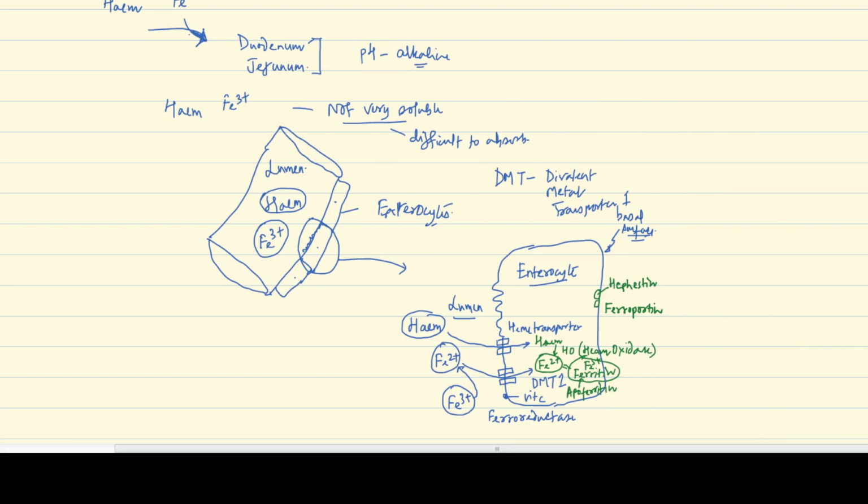So hephaestin is combined with another protein called ferroportin. So this ferrous ion can exit through this ferroportin.